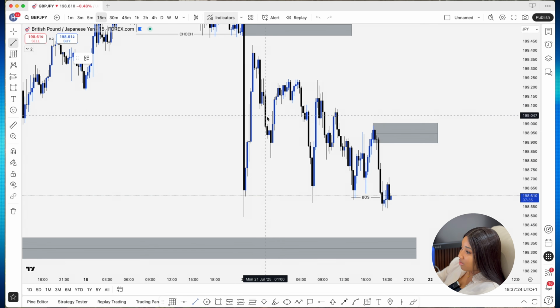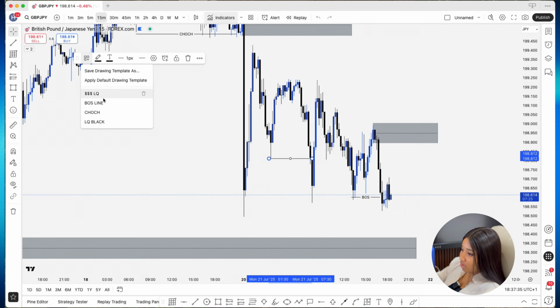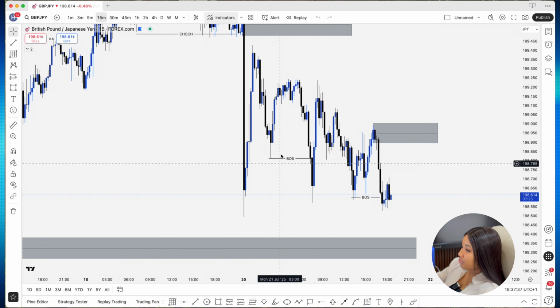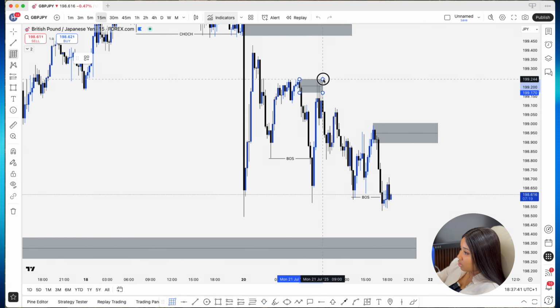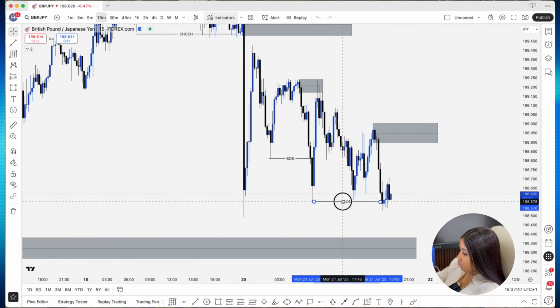But now, from 15 minutes, you'll notice that it was indeed a clean bearish structure, because you can see we have a break of structure here. And price did what? Tapped into the origin and dropped the market again, giving us another break of structure here.